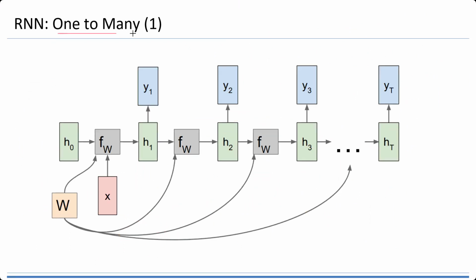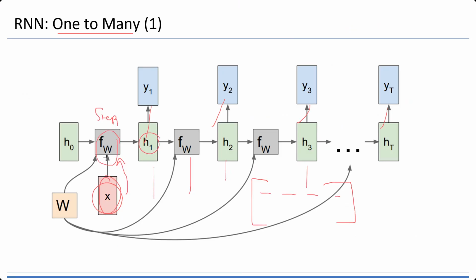Now for one-to-many. The input is one, but the output is many. When I give the input one time, it means I put all the information about the text in at once, or I have a matrix as the input in step 0 or step 1 to calculate H1, and after that there will be no input.